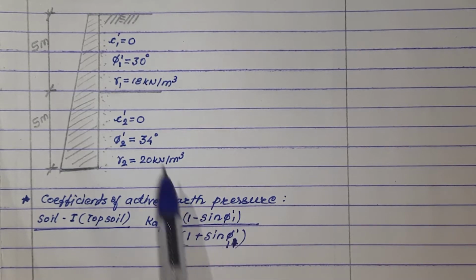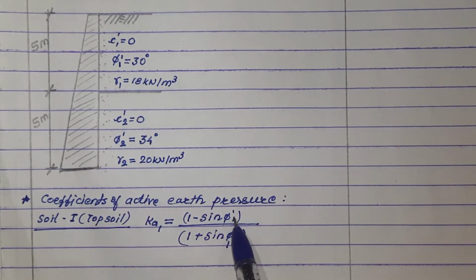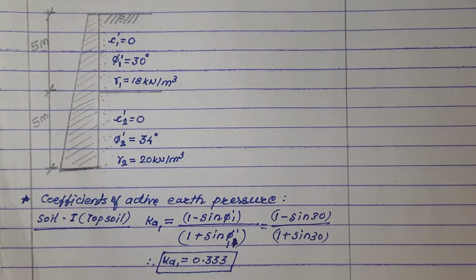Here we will be considering phi 1 as 30 degree. After substituting 30 degree in the numerator and denominator, we have got Ka1 as 0.333.